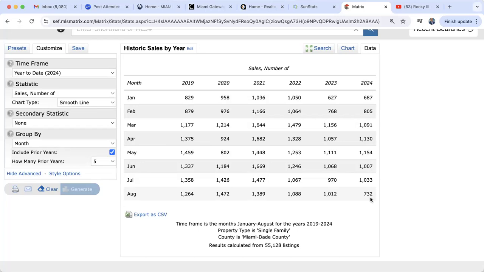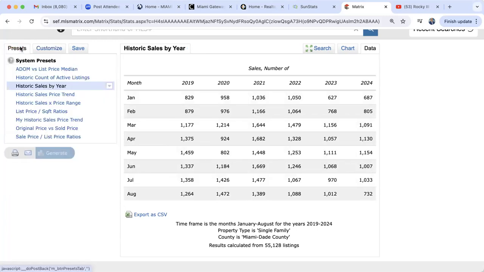So we are at a deficit right now of 300 properties. I don't know if we're going to meet last year's numbers. So August is seeing a slight decrease in sales volume. Of course, there are many factors why this is happening. We need to research and we need to learn to explain that to our buyers and sellers. All right, so that's your sales volume.